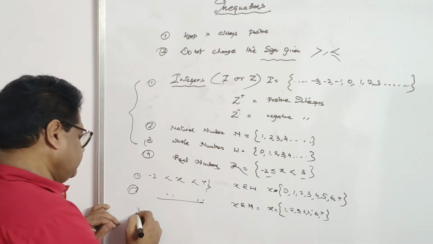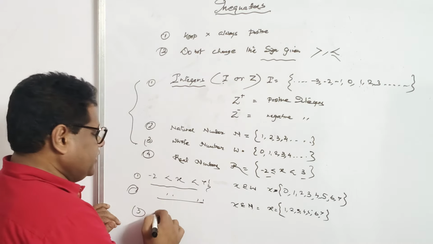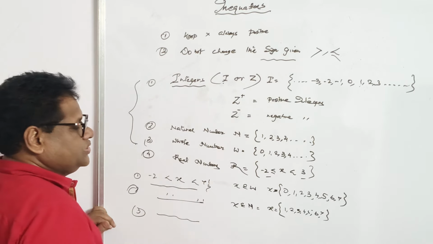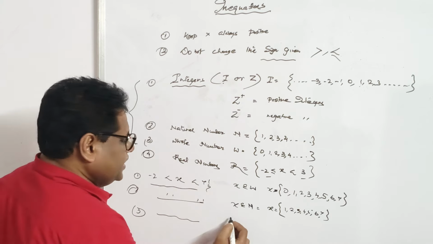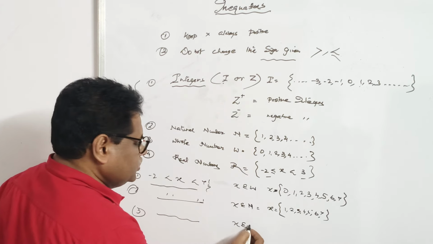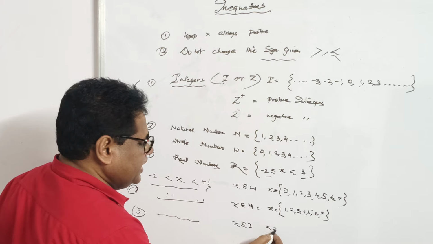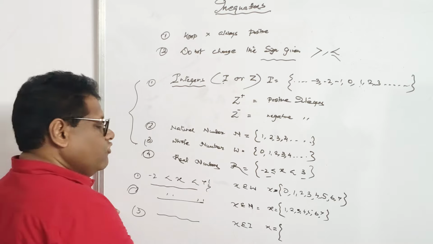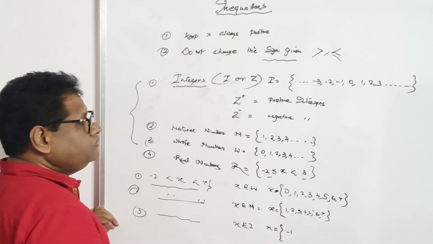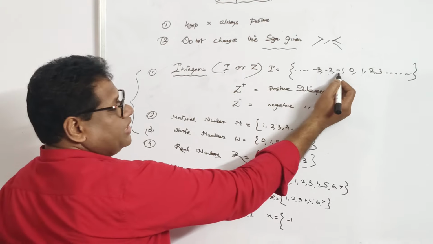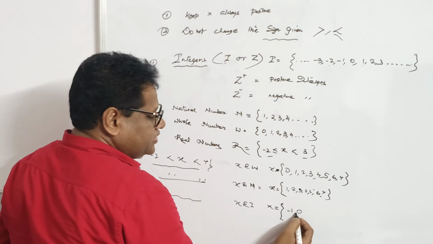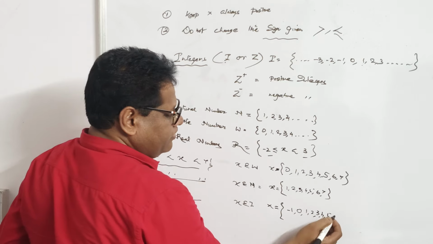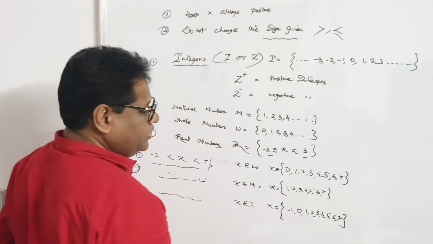For integers, the elements of x satisfying this will be, because x is greater than minus 2, we shall write minus 1. So minus 1, then 0, then 1, 2, 3, 4, 5, 6, 7.